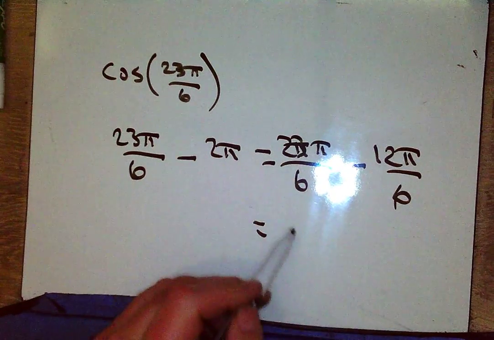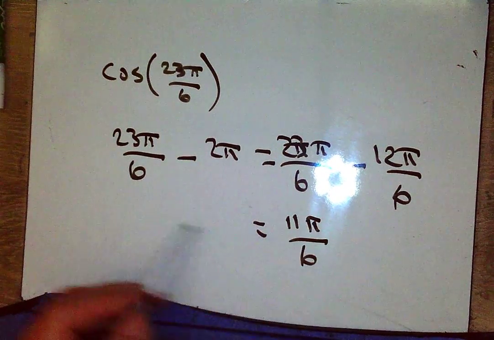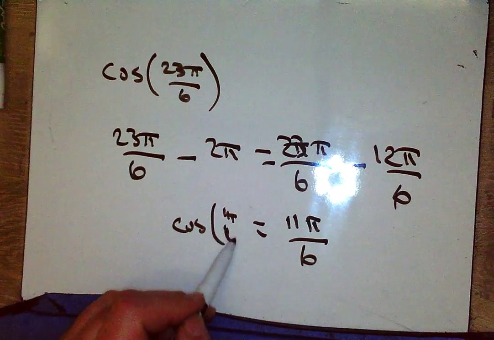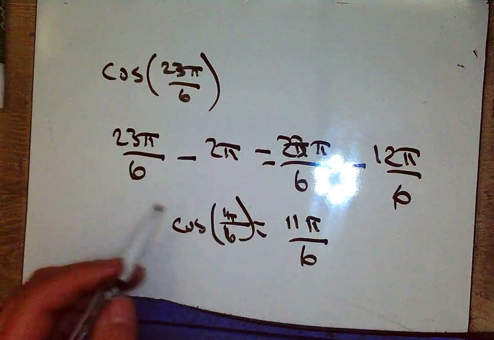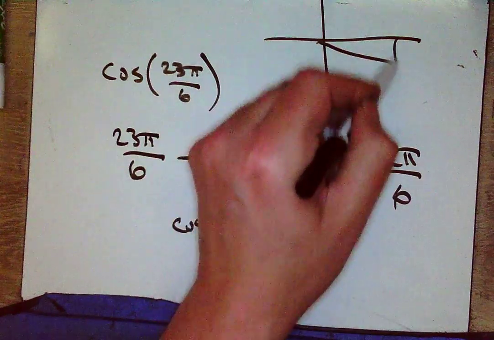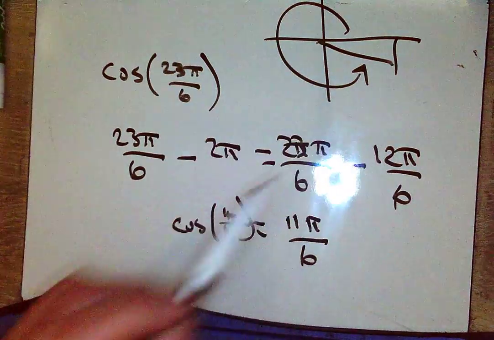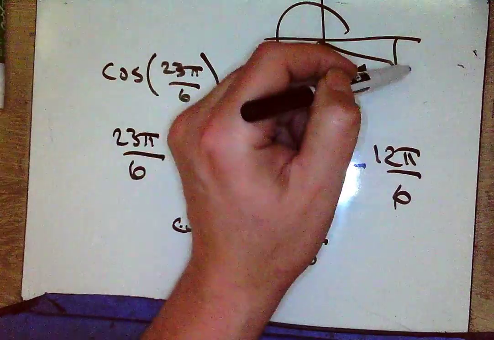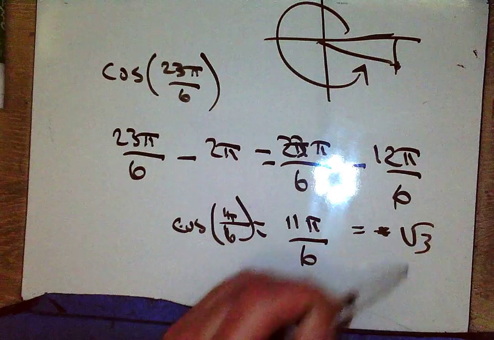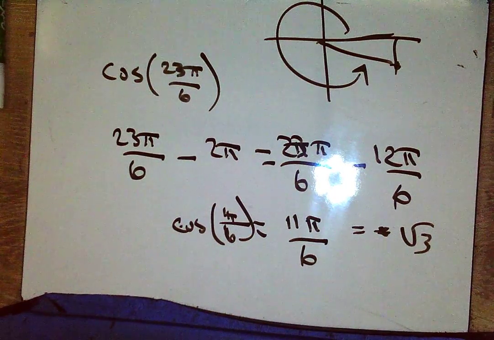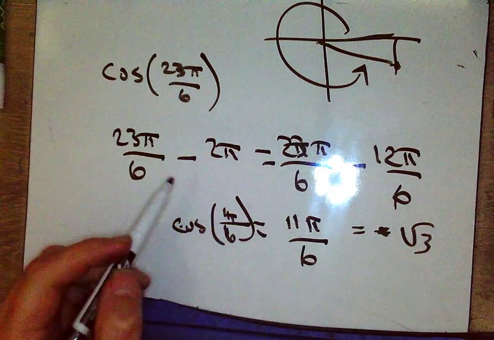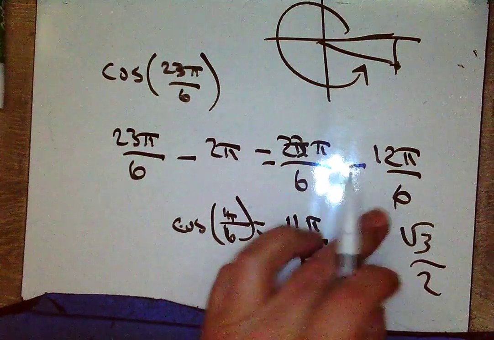So 23 minus 12 is 11 pi over 6. And what's the cosine of 11 pi over 6? Well, 11 pi over 6 is here, and the cosine value is positive root 3 over 2.